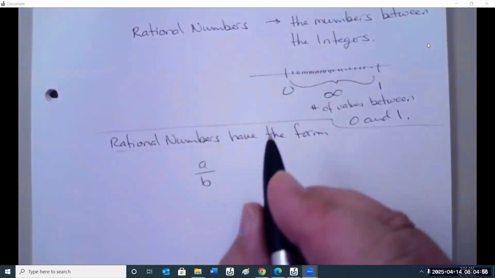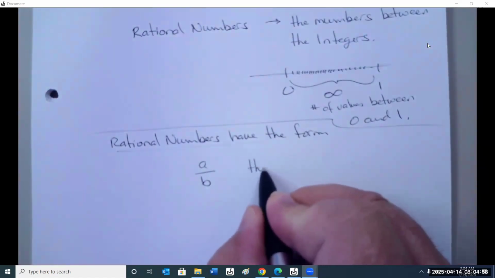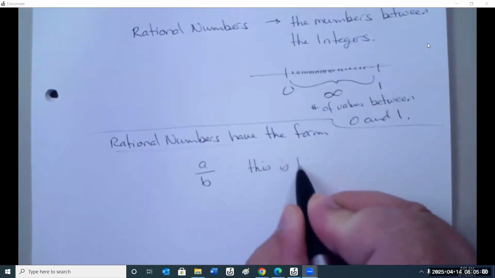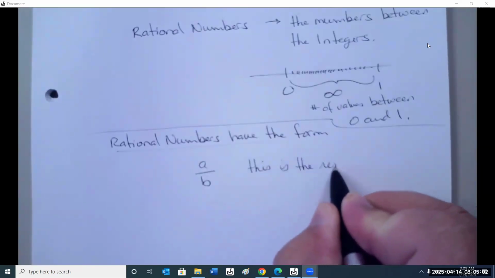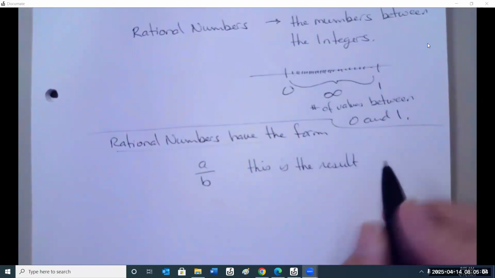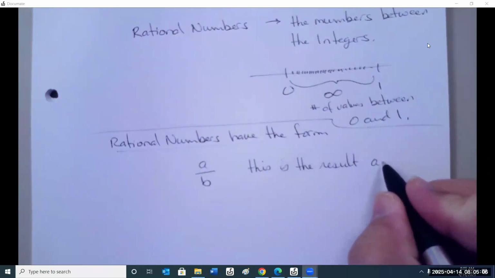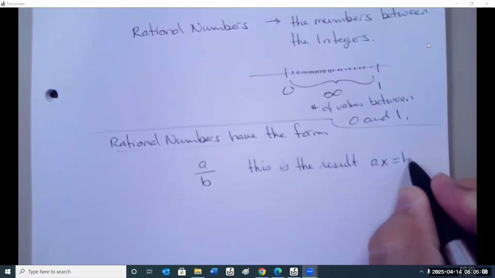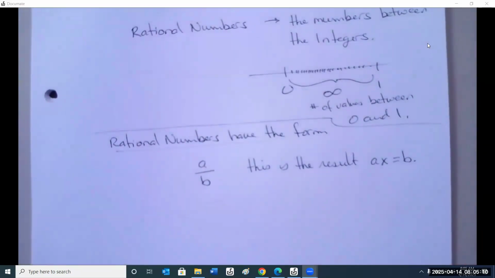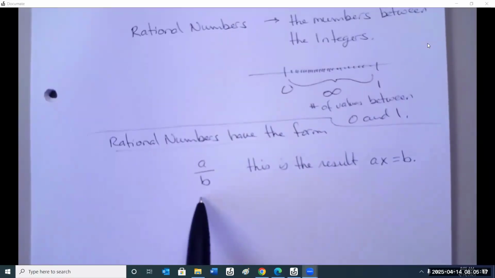This came from, this is the result of this equation. Is that true? How do we get this from this?